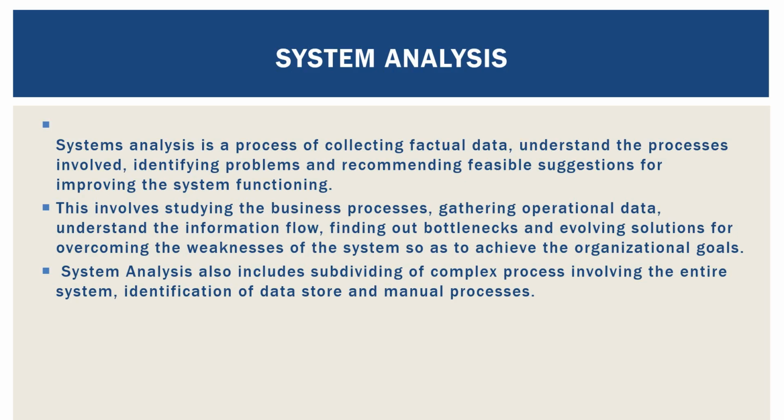So systems analysis also includes subdividing a complex process involving the entire system, and identification of data and manual processes. In the event that we have a very complex process, we are going to subdivide that complex process into sub-processes. Then we look at data flows, data processes, data stores, and we look where manual processes are.